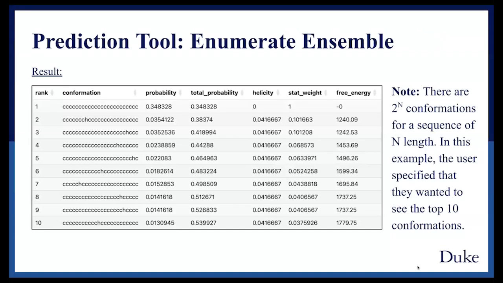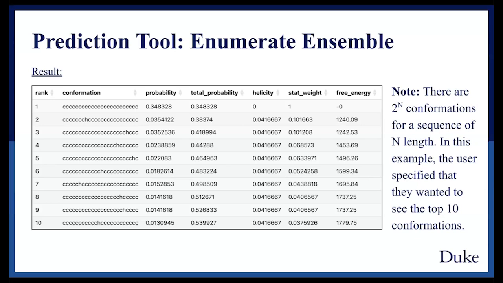The most advanced feature of this tool is the ability to output a list of possible configurations of the polypeptide ranked in order of descending probability of occurrence. And there are 2 to the n configurations for a sequence of n length. This means that if someone is submitting a sequence of 20 amino acids, that's around 1 million different configurations that this model outputs.